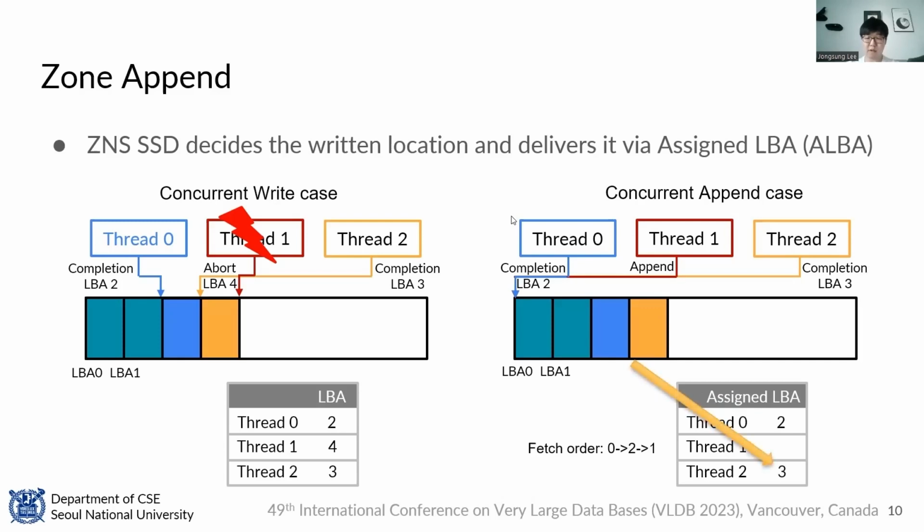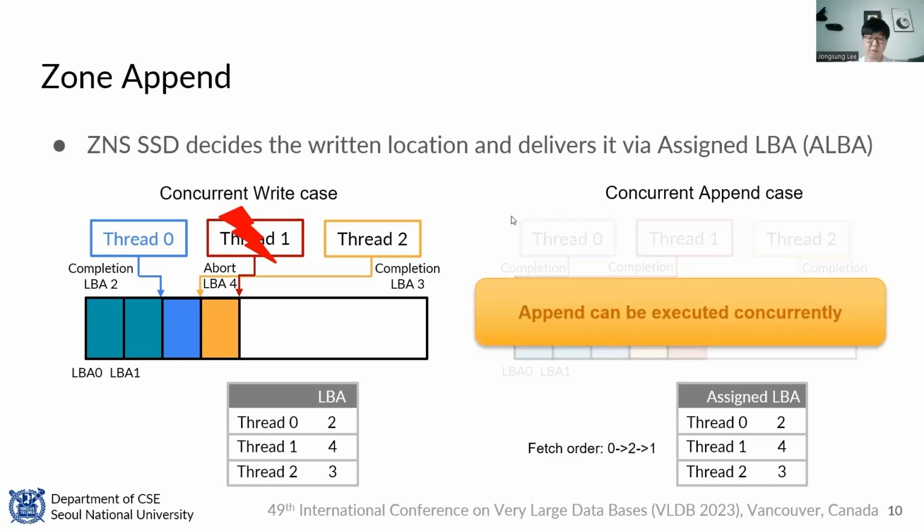Like thread 0, LBA 3 is notified by the ALBA field of the completion entry of thread 2. Finally, the append command of thread 1 is fetched and stored at LBA 4. ZNS SSD records the ALBA field as 4 for thread 1. By offloading the responsibility of determining the target LBA to the device side, the append command can be executed concurrently.